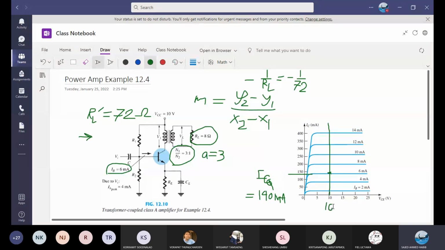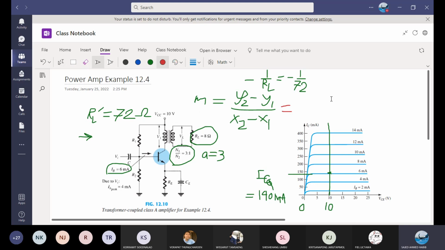Here is x2, y2. x1 is 0. You don't know y1. You know m, you know y2, x2, x1, you don't know y1. There's only one unknown variable. Let me try to draw the slope. So this is x2, y2, this is x1, y1. You have to equate it like this.